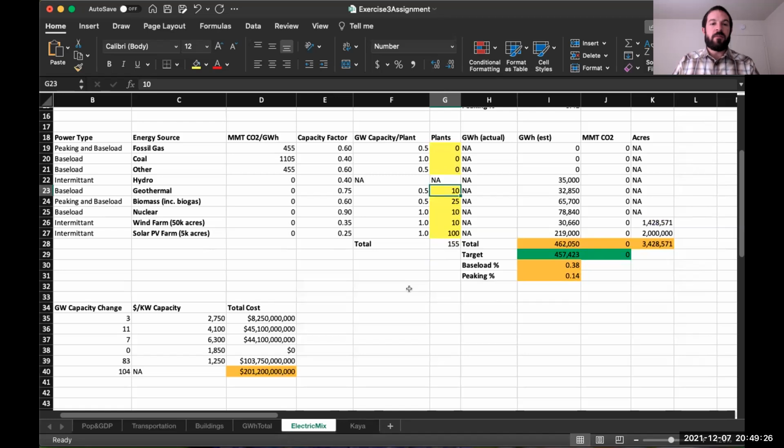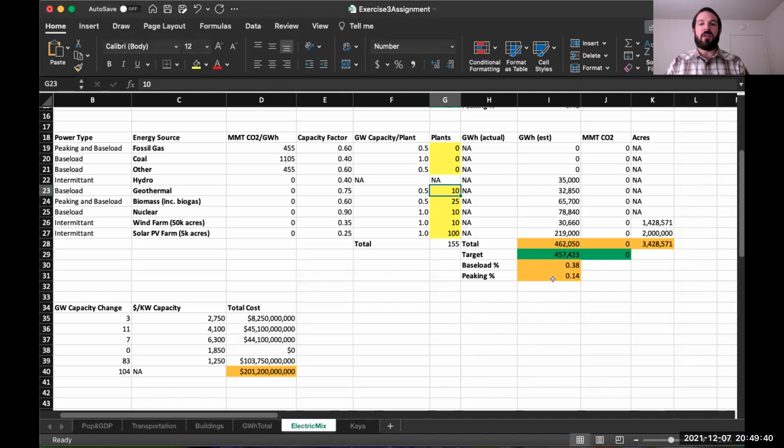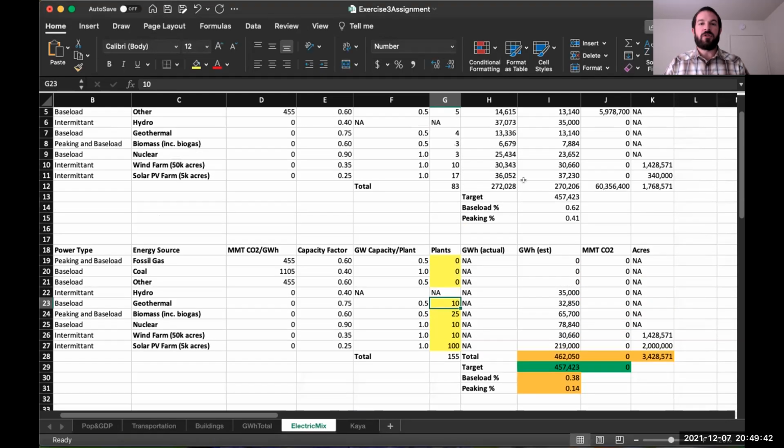Okay, and it asks you to do a number of things once you've sort of done this once. You should save this as a separate file once you've gotten everything all lined up, once you know what these numbers should be.